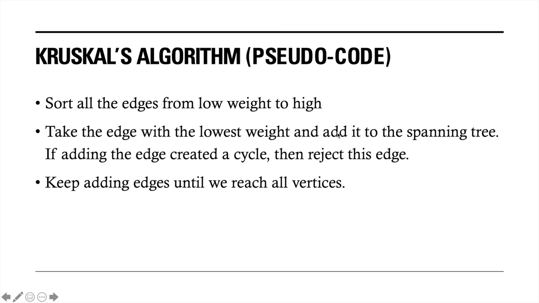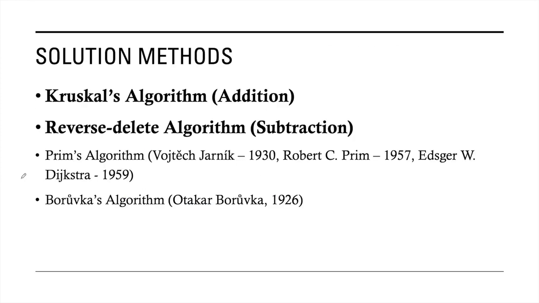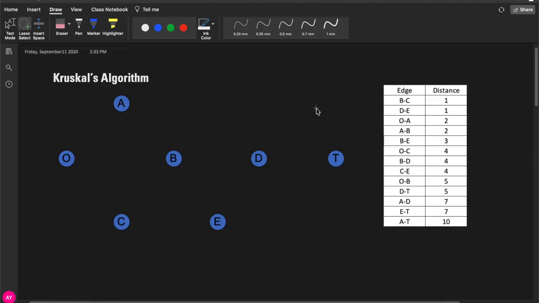On the other hand, in the reverse delete algorithm, you will be removing or deleting edges, and that is why I placed the word subtraction. The only thing you need to remember is that in the Kruskal's algorithm you will be adding edges, and in the reverse delete algorithm, you will be subtracting or deleting edges. Okay, so now let us apply the Kruskal's algorithm to the base example that we have.